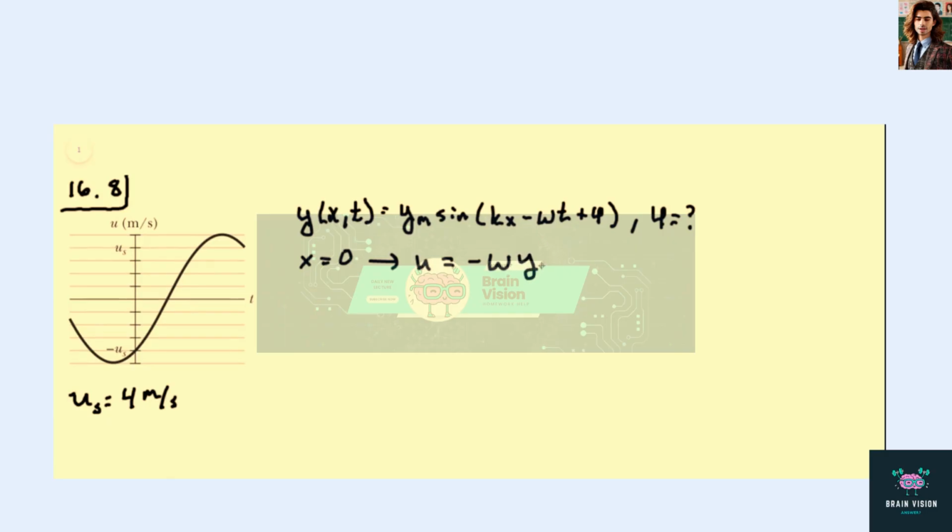Then our y sub m is still there. And we'll have a cosine of negative omega t plus phi. So this is our function that's being plotted here.